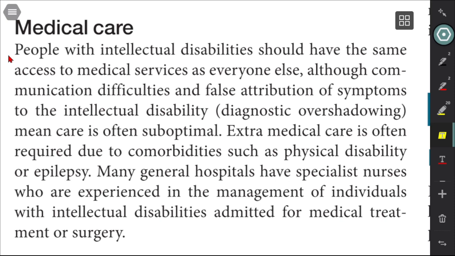Extra medical care is often required due to comorbidities such as physical disability or epilepsy. Many general hospitals have specialist nurses who are experienced in the management of individuals with intellectual disabilities admitted for medical treatment or surgery. This is in the UK, of course.